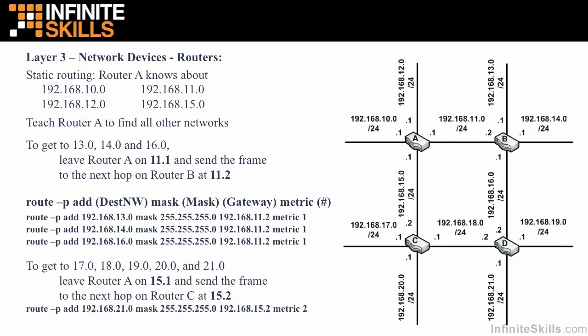However, if that path gets broken or interrupted some way that I can't get through on that path, I'll roll to the metric 4 path straight from A to B rather than through that longer loop. Now, why would I do that? Suppose that 192.168.11.0 segment is a slow dial-up or it's heavily trafficked and I don't want to put any more traffic on it.